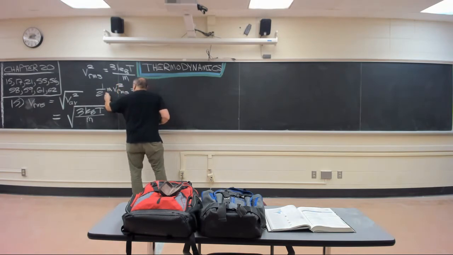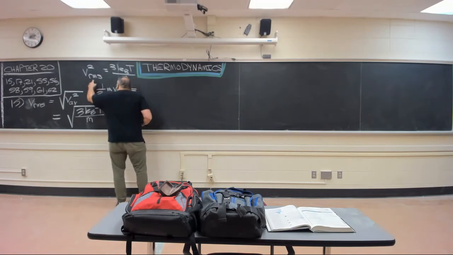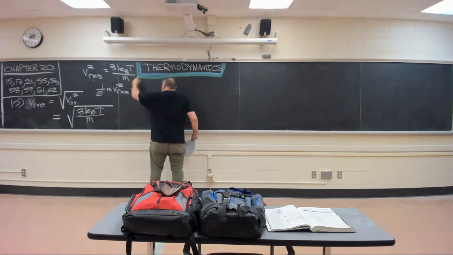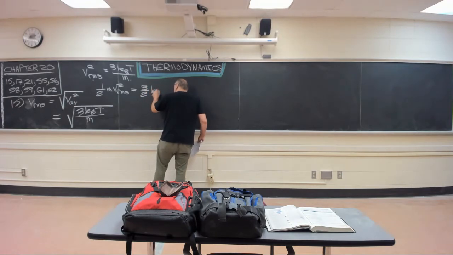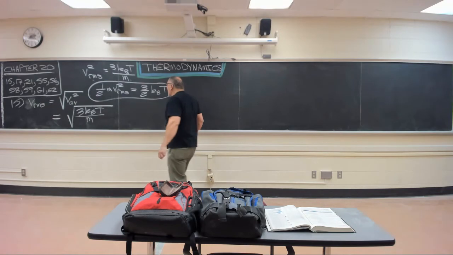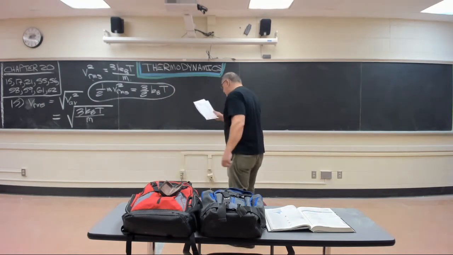Multiply the VRMS squared by 1/2 times M. Multiply this by 1/2 times M. The M's cancel. It's pretty significant. You get to here.